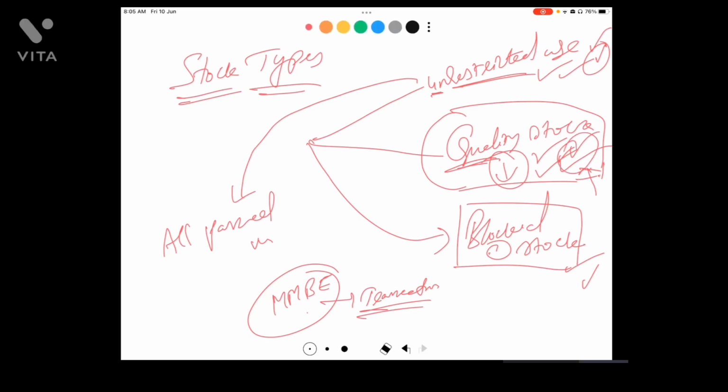The quality stock is waiting for the quality inspection, and the block stock is used for blocking these materials. We need to return the goods to the vendor, or scrap these goods, or we can do some modification and rework them. Then it will be used as unrestricted, right?